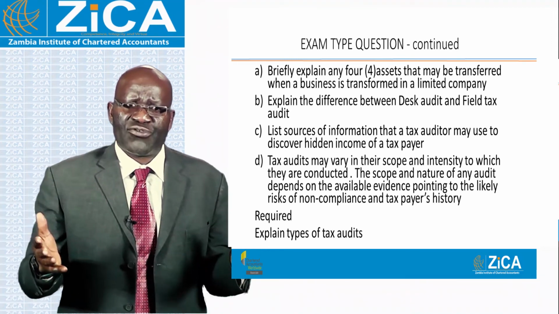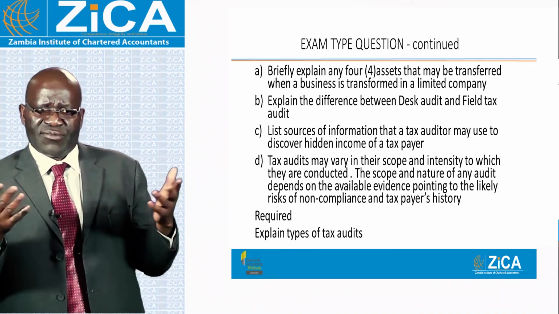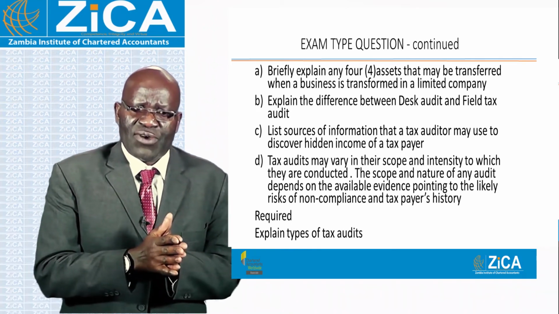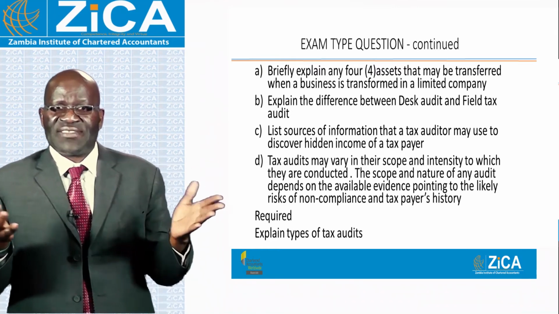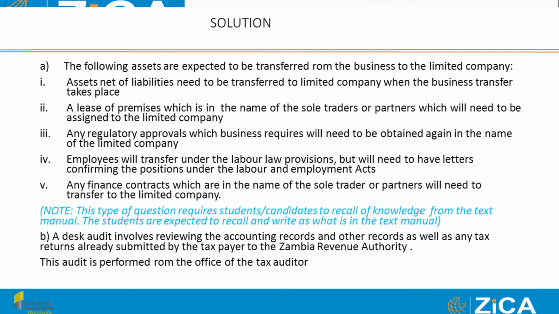Then looking at the solution, in question A we were asked what the requirements were. We had those answers where the following assets are expected to be transferred from one business to a limited company. But of key importance here is that this type of question requires candidates to recall knowledge from the text manual.